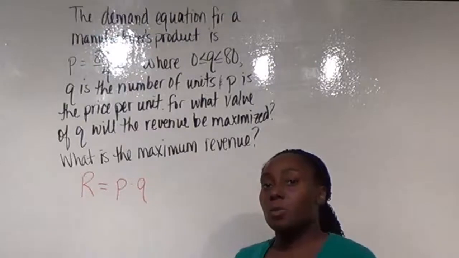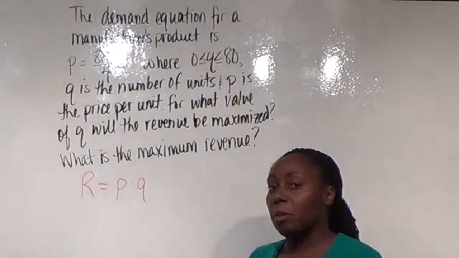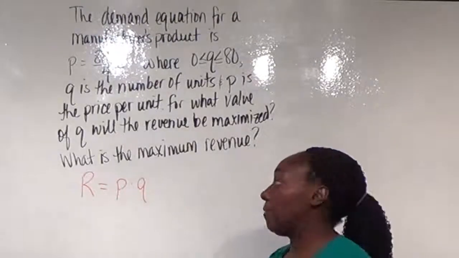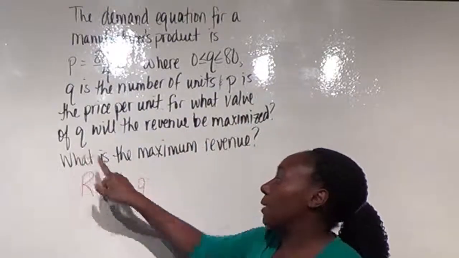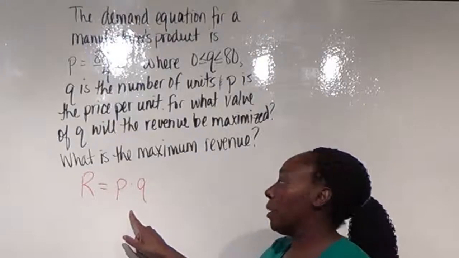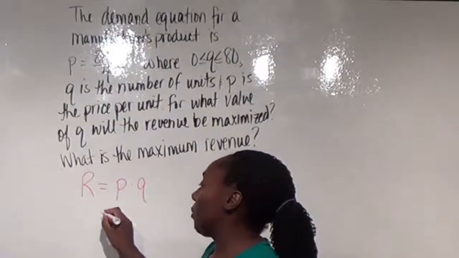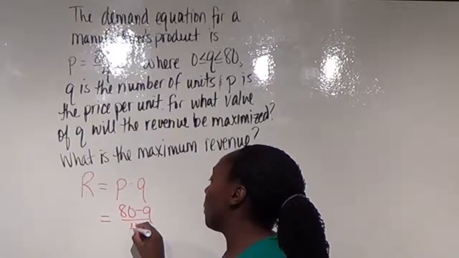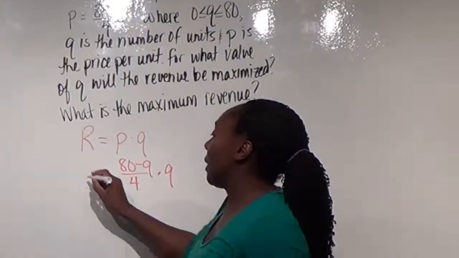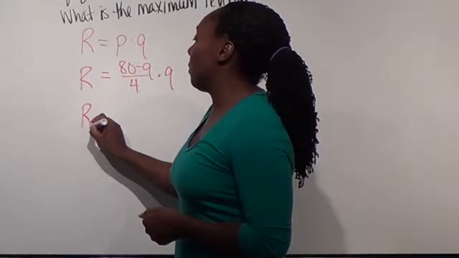In a case like this where you have more than one variable, you want to make sure you get it in terms of the right variable. So here, because I'm trying to find the value for Q, I know I want Q to be my variable. So I'm going to replace P with 80 minus Q over 4 and multiply that by Q to get my revenue.